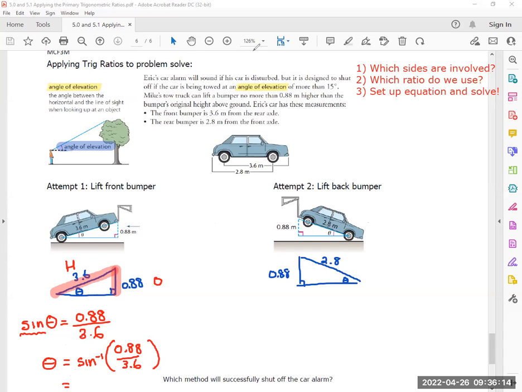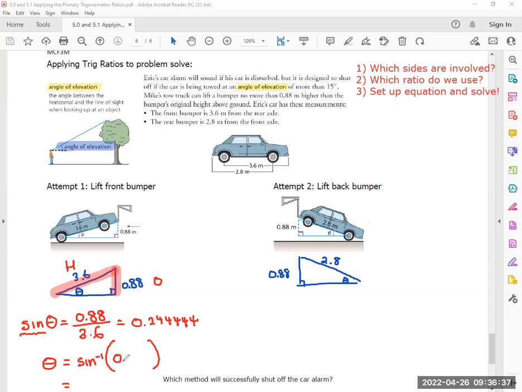Oh, speaking of which, by the way, if you don't like the fractions, I forgot this step. 0.88 divided by 3.6. You can technically also put in 0.244444. If possible, put in as many decimal places as you can.